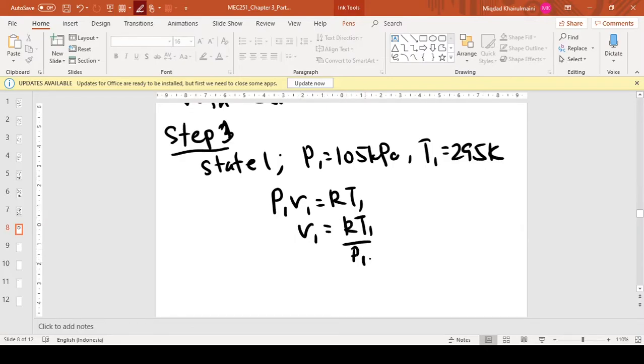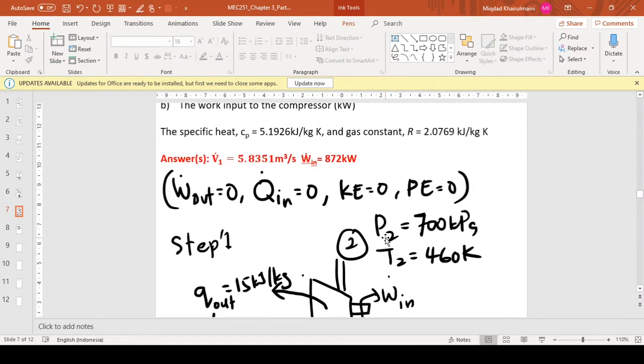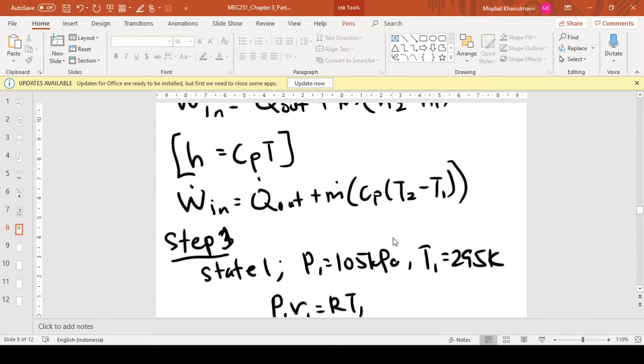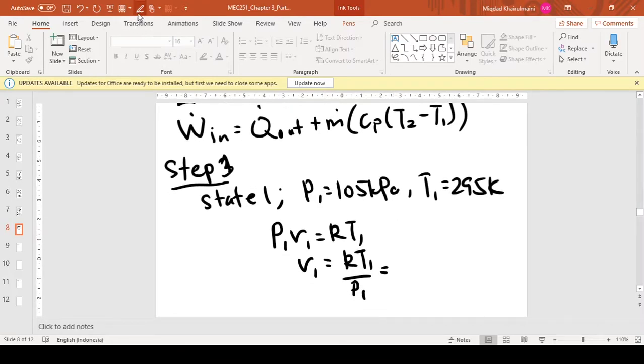R is 2.0769, temperature is 295, pressure is 105.